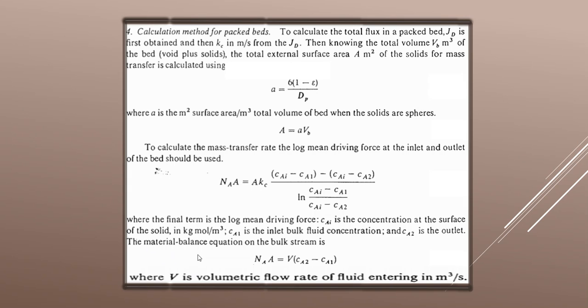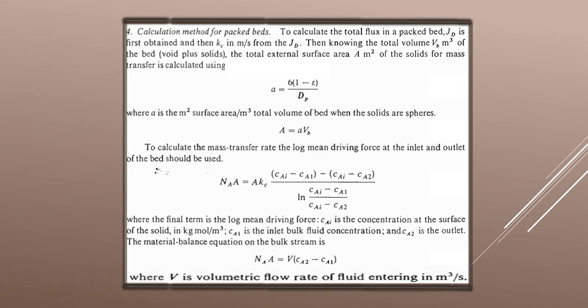The material balance equation on the bulk stream is this, which will lead us, as I said a while ago, to the value of K sub C if we equate these two equations. The V that appears here is the volumetric flow rate of the fluid that enters our packed bed in cubic meters per second. So you have to take note of these different formulas for flow in packed beds.